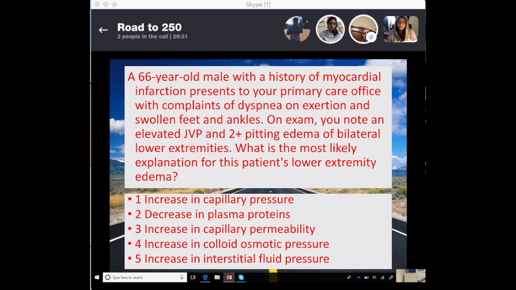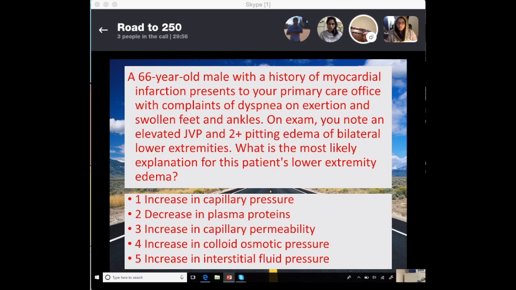Okay, good. Next one, we have a 66-year-old man with a history of myocardial infarction presenting to your primary care office with complaints of dyspnea on exertion and swollen feet and ankles. On exam, you note an elevated JVP and 2+ pitting edema of the bilateral lower extremities. What is the most likely explanation for this patient's lower extremity edema?